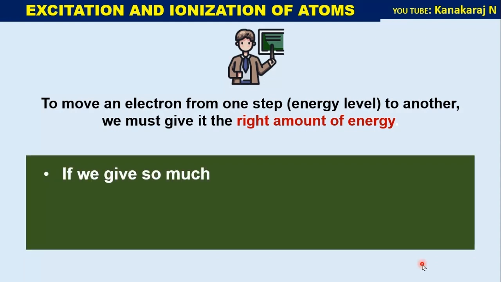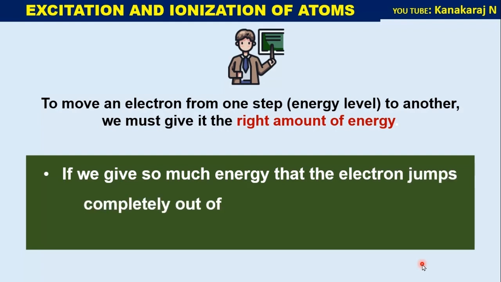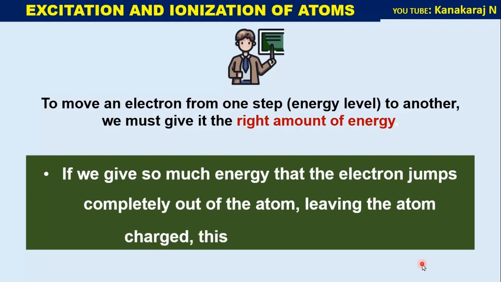If you give so much energy that the electron jumps completely out of the atom, leaving the atom charged, this is called ionization.